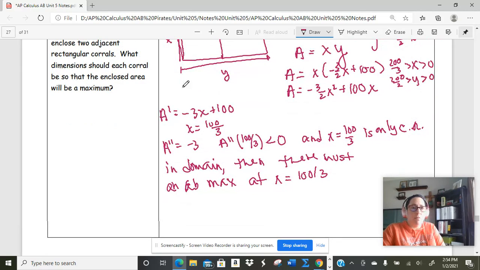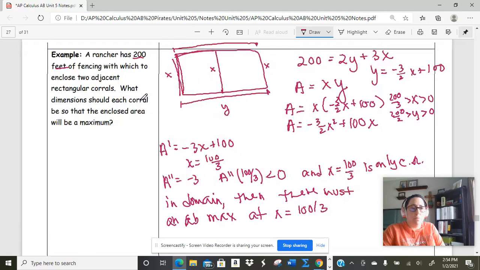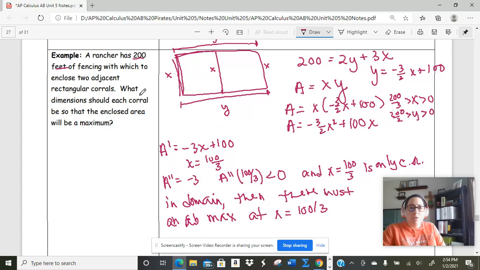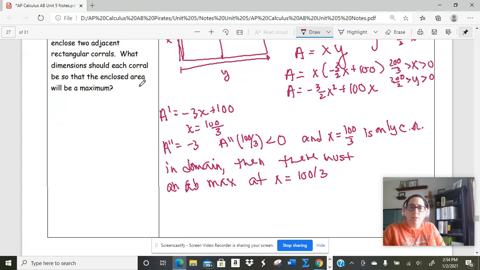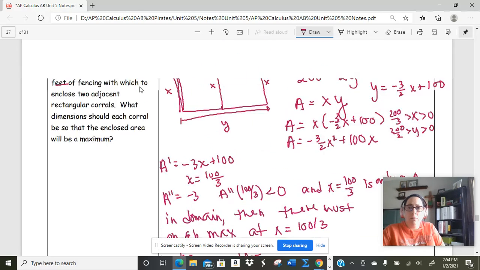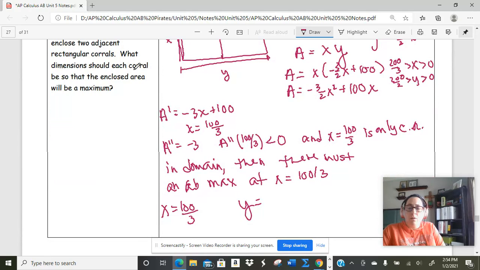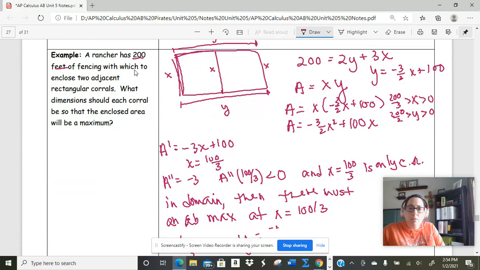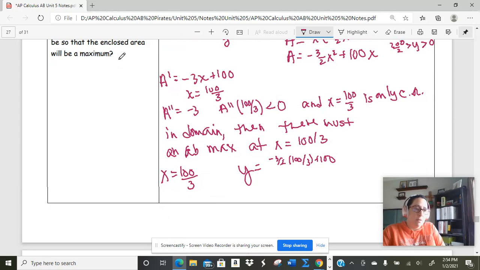Okay, so what dimensions should each coral be so that the enclosed area would be a maximum? So I know I have my x equals 100 over 3. Let's go find what y would be. Negative 3 halves times 100 over 3 plus 100.